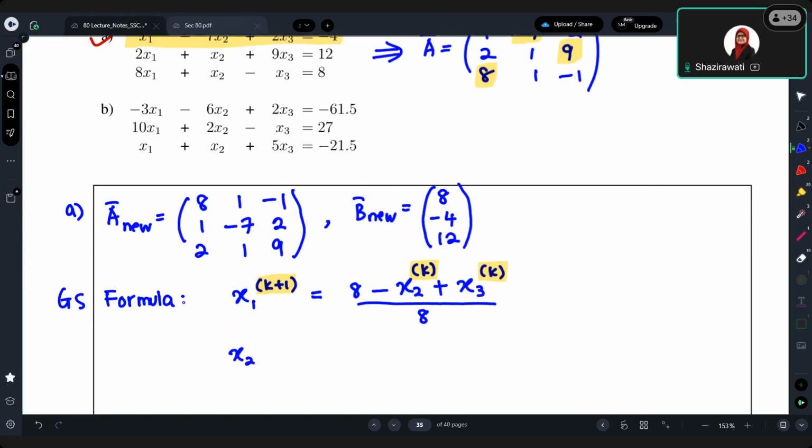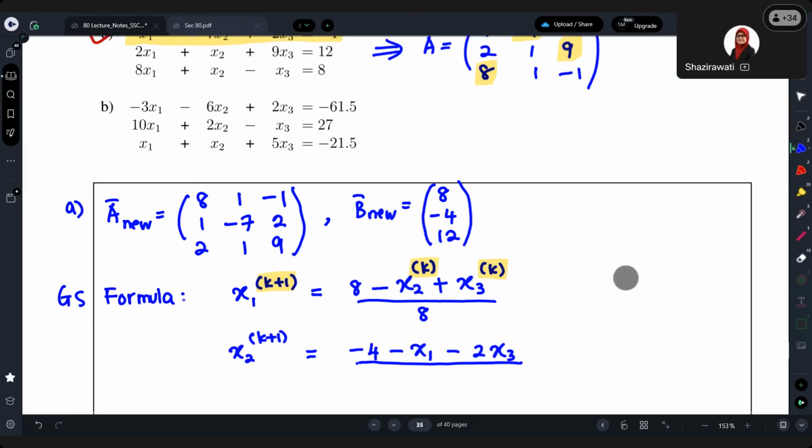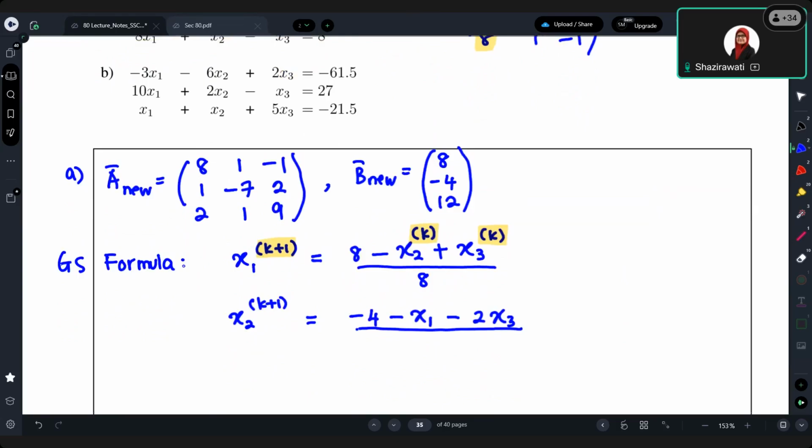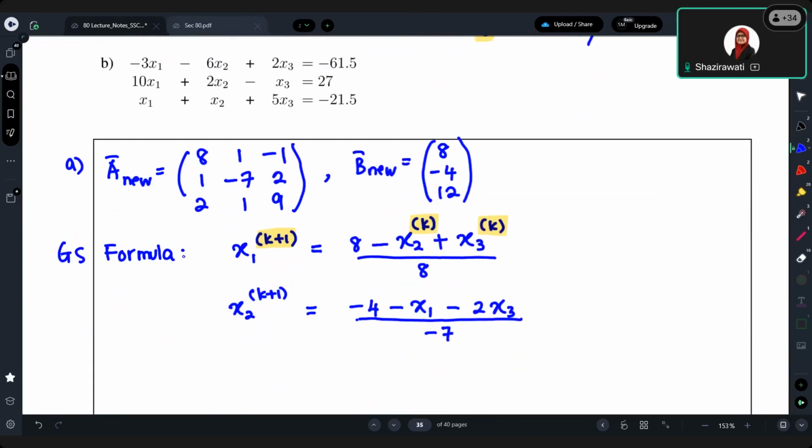So x2 k plus 1 is equals to negative 4 minus x1 and then minus 2x3 over coefficient of x2 is negative 7. Jangan lupa ya, ada negatif tu. Perkali bagi x2 tu negative 7. So over negative 7 lah. Okay, now the iteration notation dekat sebelah kanan. So sini k plus 1 Sini k.